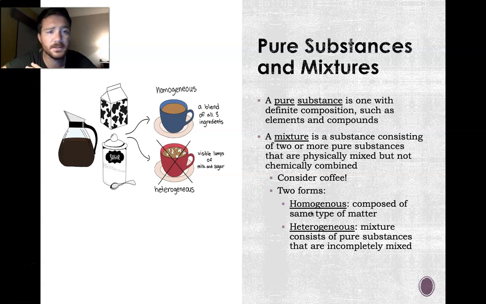A pure substance is not a mixture. A mixture is just two things mixed together. By nature, it's not pure. When you're mixing, you no longer have really purity in the substance. And so mixtures are two or more pure substances mixed together but not chemically combined.